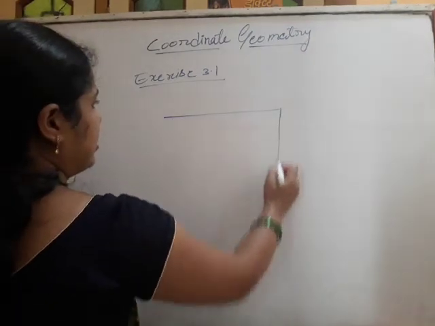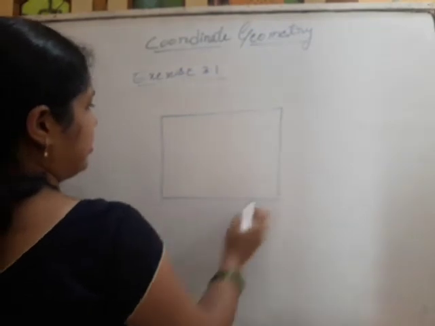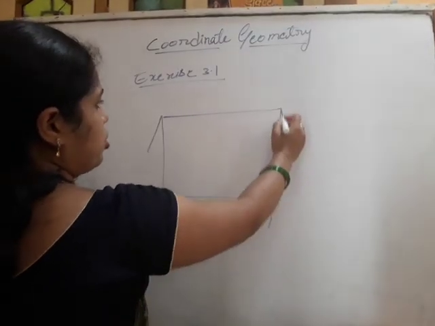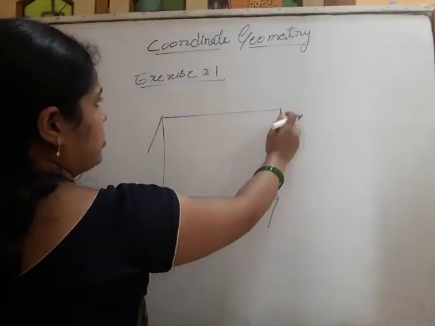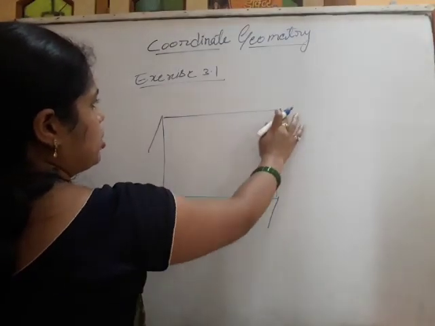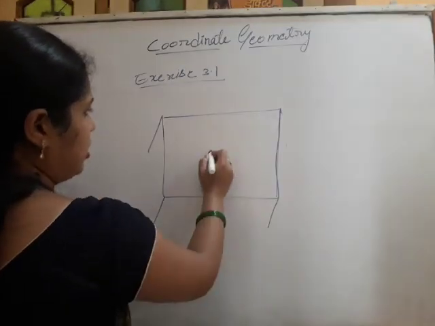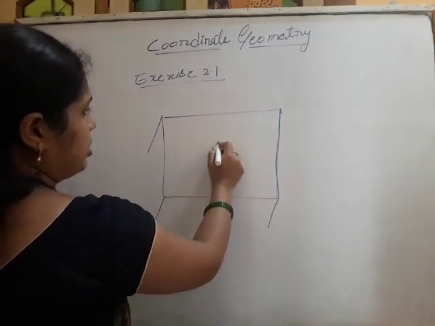Suppose this is your study table. These are the feet of the study table. This will come inside, so let us not draw that. This is a simple table. This is the table lamp.